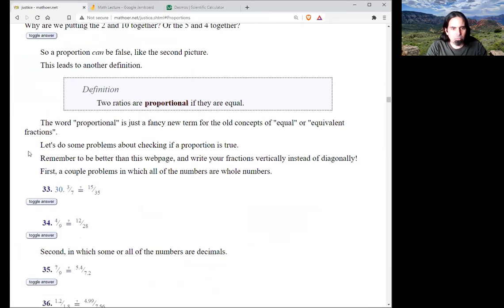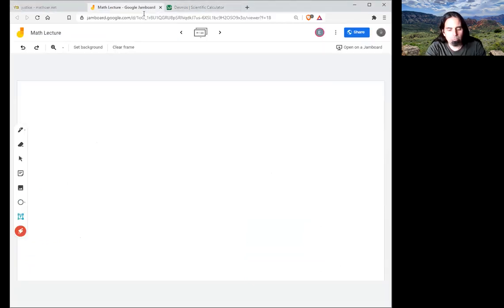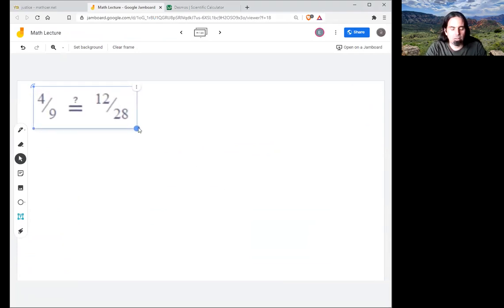Okay, let's do some examples. Number 30 needs editing there. No problem number. On all of these, the website unfortunately writes its fractions with diagonal kind of slanty stuff happening.